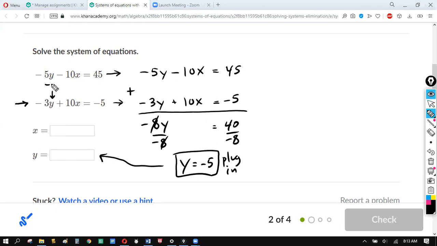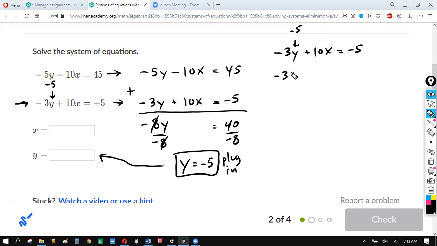All right, so put in a negative 5 right there in place of your y. I think I'm going to have to rewrite it over here. Negative 3y plus 10x equals negative 5. Okay, and this negative 5, it goes right in there.